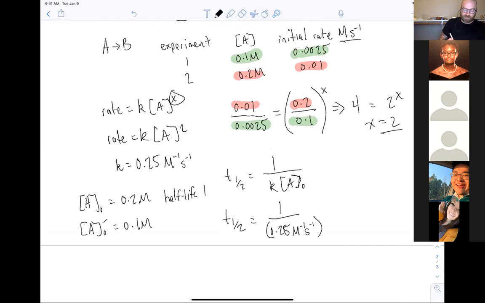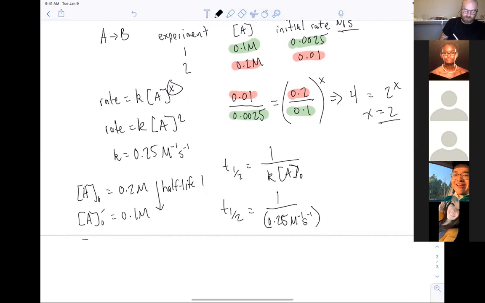So the first half-life is the amount of time that it takes to go from 0.2 to 0.1. And then the second half-life will be the amount of time it takes to go from a sub 0 prime to a, I'll just leave it as a, but that's going to go from here to 0.05 molar. So that's our half-life 2.